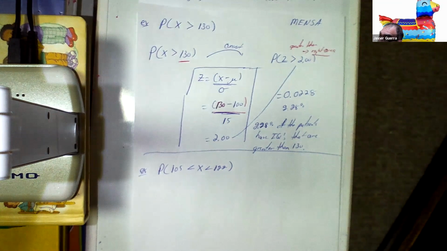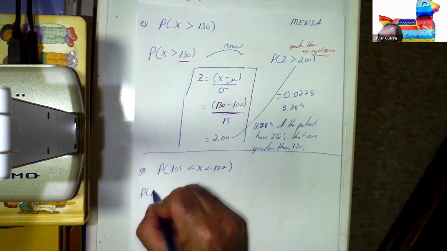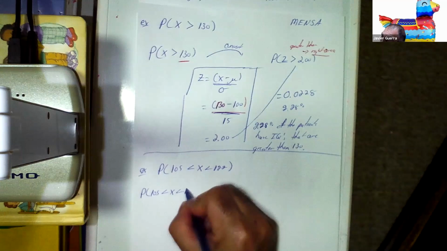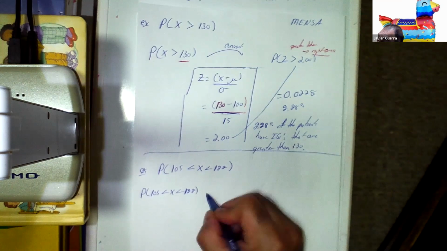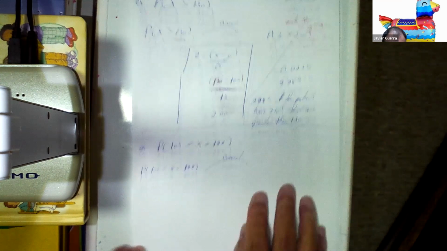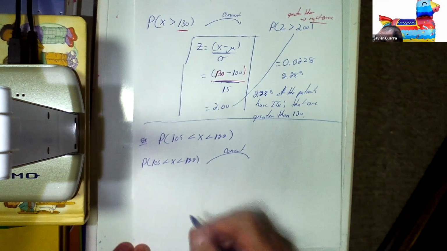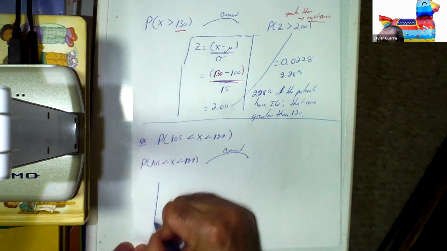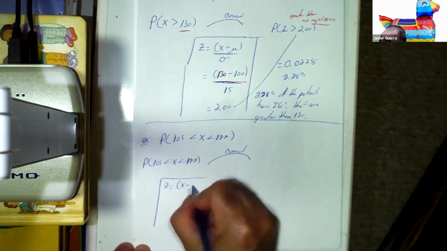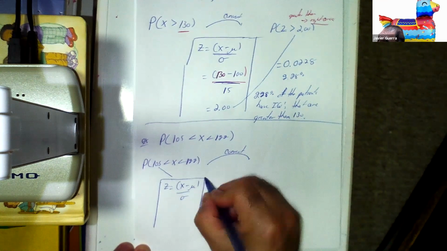Okay, so I'm gonna write down my probability. I hope I have enough space. We will see. And we're going to convert. Now, when we convert, we got to do two of them. We got to do one for the 105 and we got to do one for the 122. So I'm gonna have to write my formula twice. Z equals X minus mu over sigma.